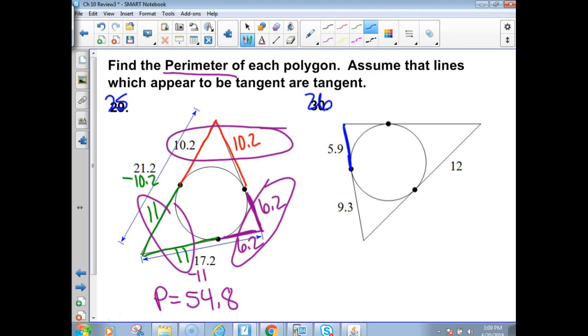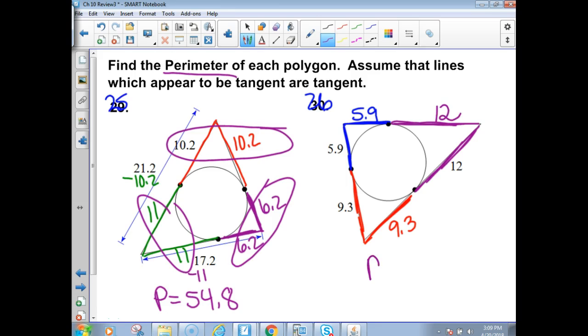If you got a 5.9 there, you got one up here. 9.3, another 9.3. I think I just like to color these. 12 and 12.